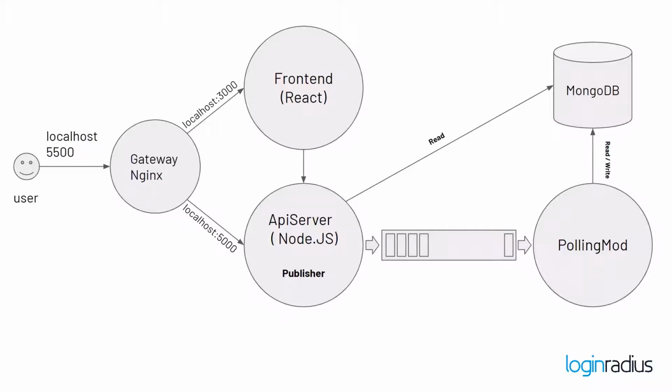Consider 3000 as a website, 5000 as a website, and 5500 as a website. So 5500.com is what the user knows. If he wants to talk to the front end, he shall go to 5500.com, and that's it. If the user wants to access the API, he shall go to 5500.com/API, and that should be enough for him as well.